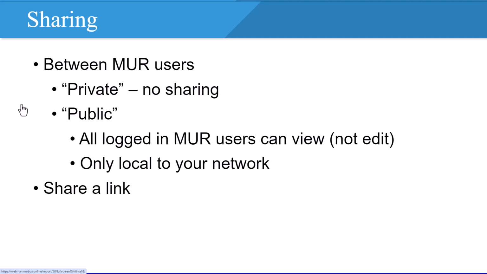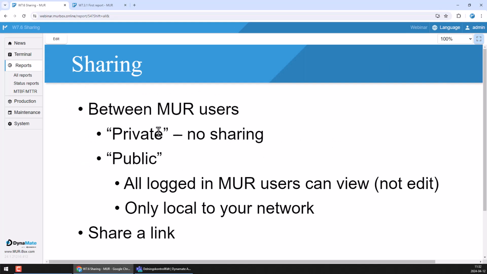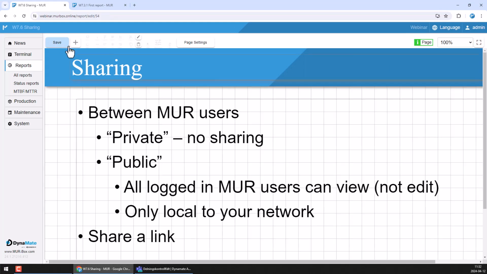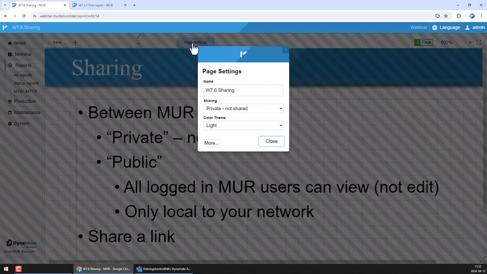Time is running out. I'm going to mention a few more things here. About sharing info screens. When you edit an info screen, you have page settings where you can specify how to share it. You have two options, private and public. Private means it's your personal info screen.